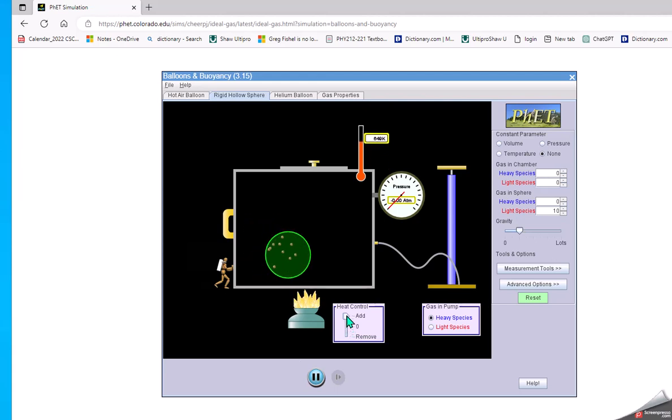And well, this is just like an ideal gas experiment, nothing much interesting, but then you can add more, and then you can watch the pressure, and of course the gravity. So this part is easy, don't do any calculation, just explain. So 20 in there. This is an experiment to see what's going to happen.